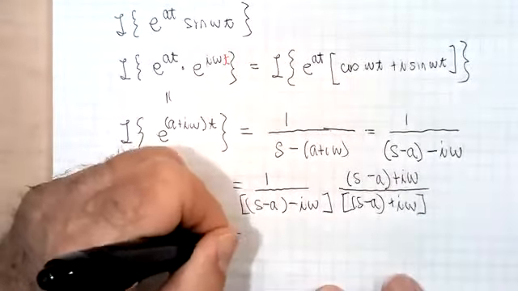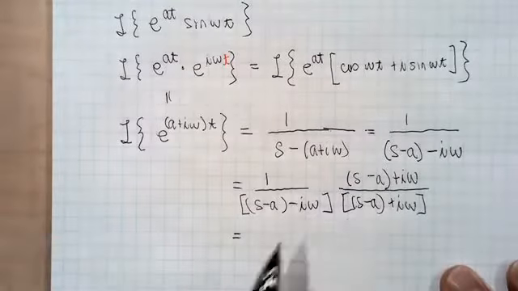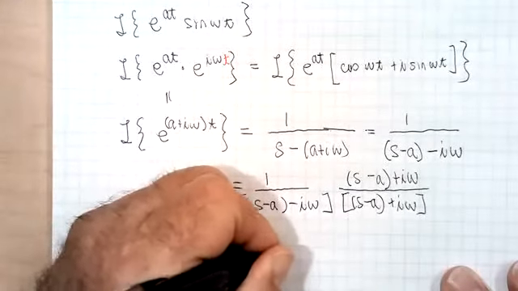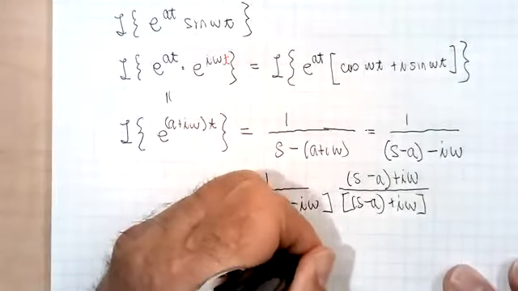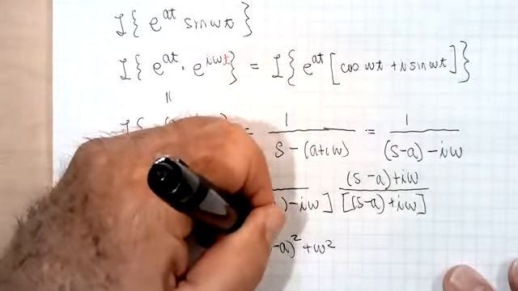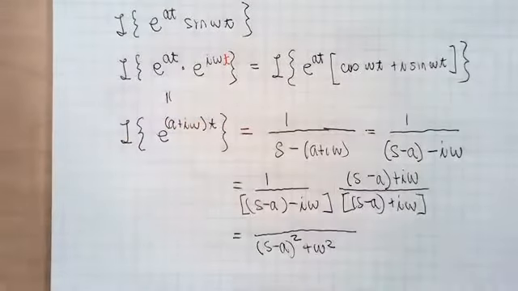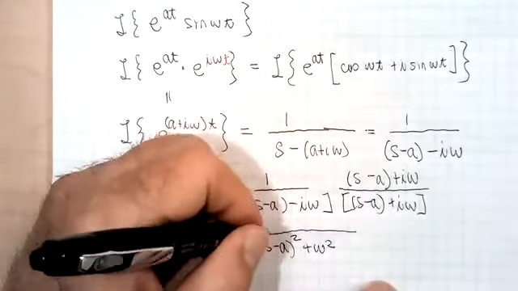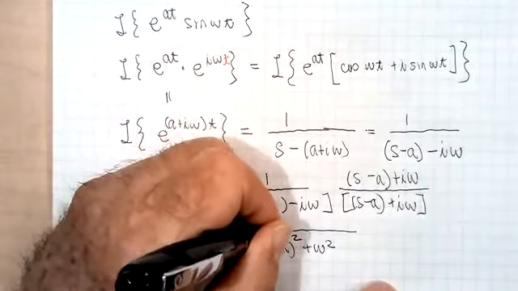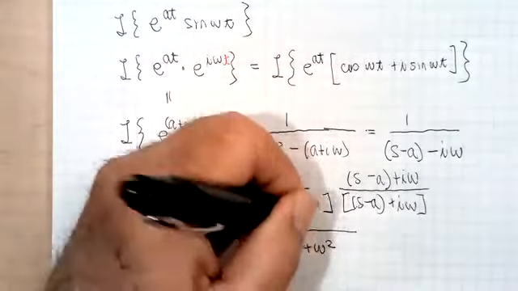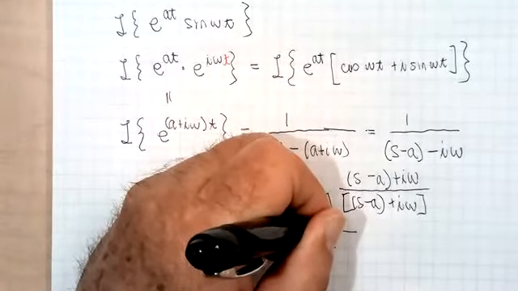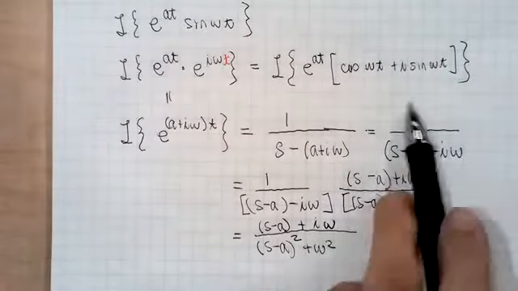Okay, multiplying that stuff out, well, we'll get s minus a squared plus omega squared over, and then I'll get, for the real part in the numerator, s minus a, and for the imaginary part, plus I omega. And that is that.